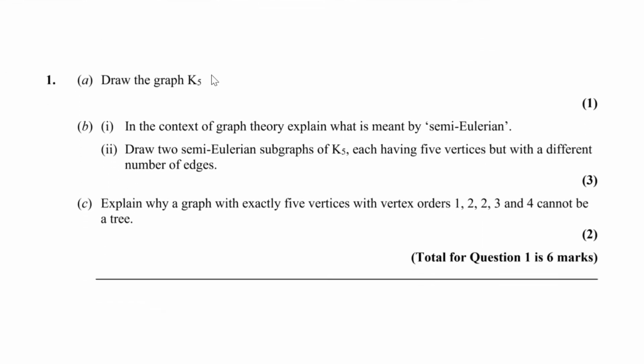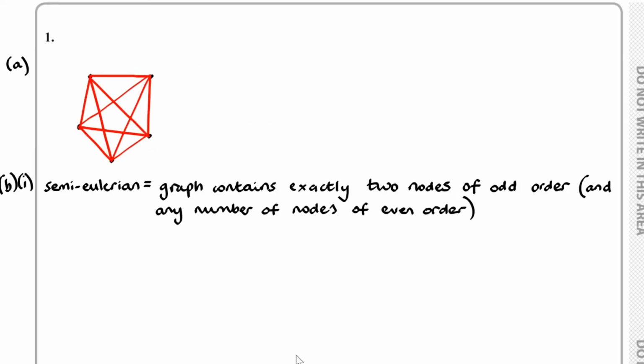Now for part B, for the first part, in the context of graph theory, we have to explain what is meant by semi-Eulerian. What we mean by semi-Eulerian is a graph that contains exactly 2 nodes of odd order and any number of even order.